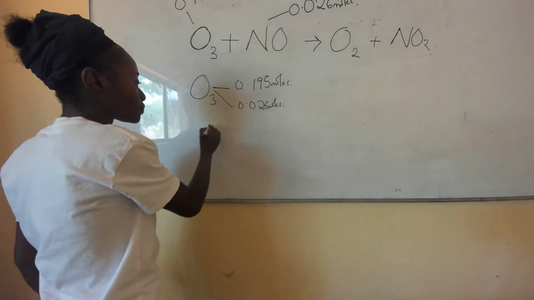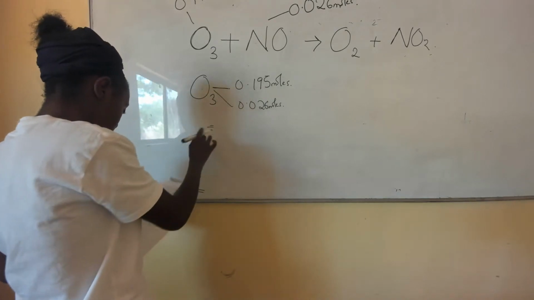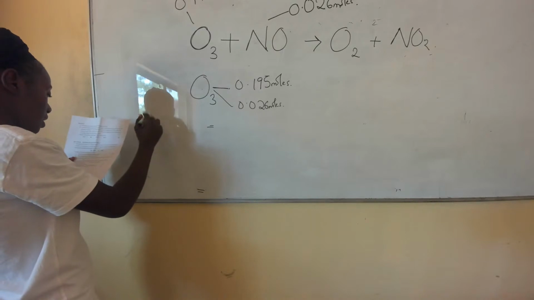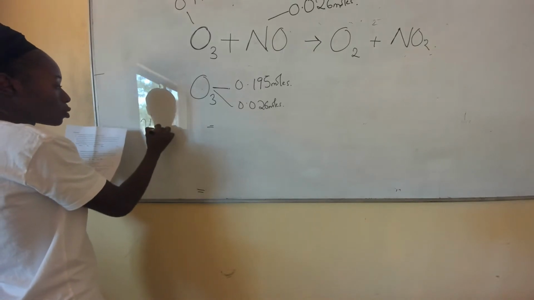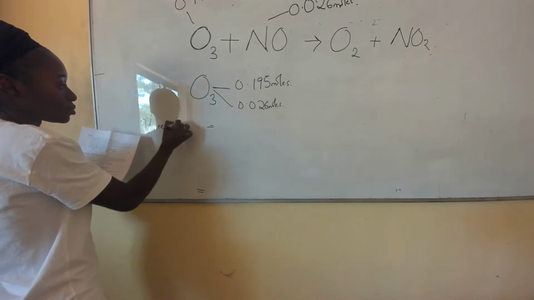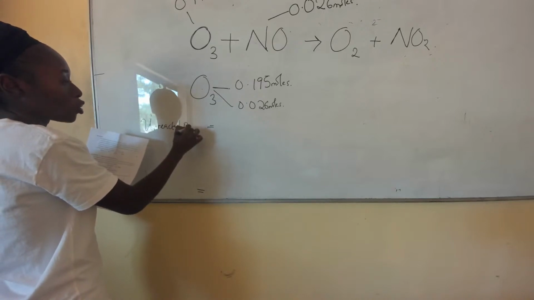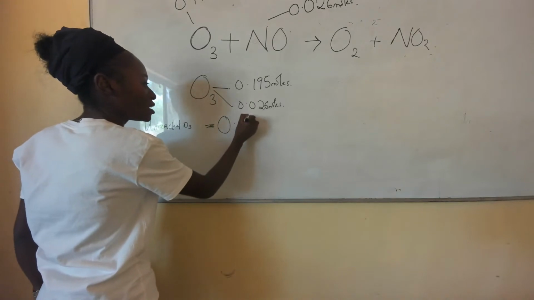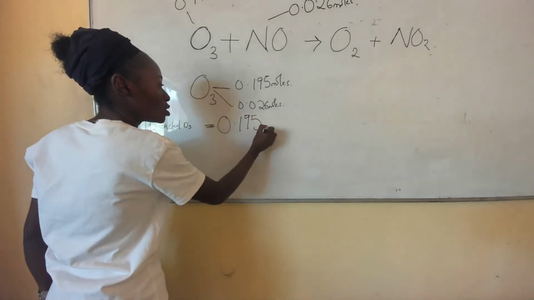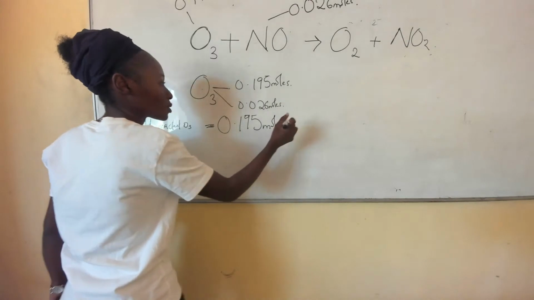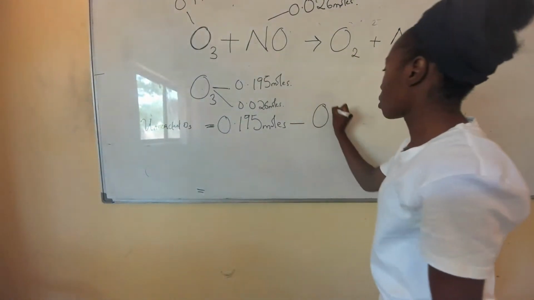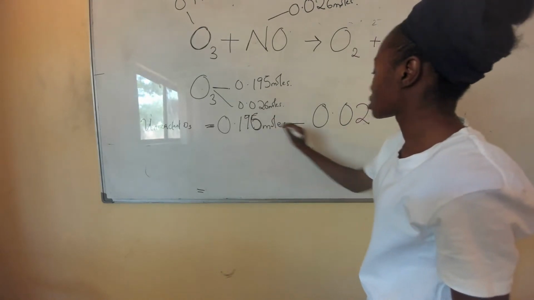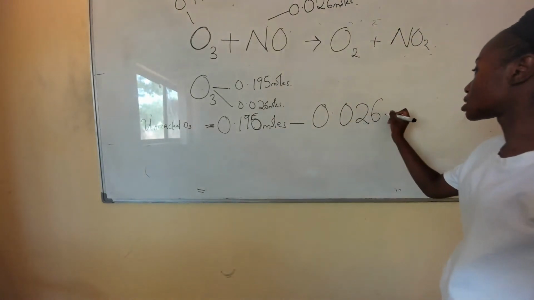So we're going to say unreacted O3 will be equal to 0.195 moles minus 0.026 moles.